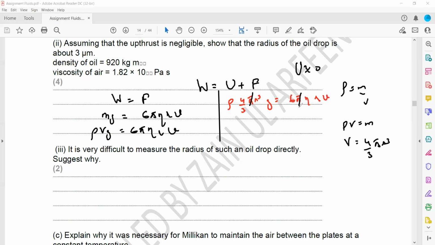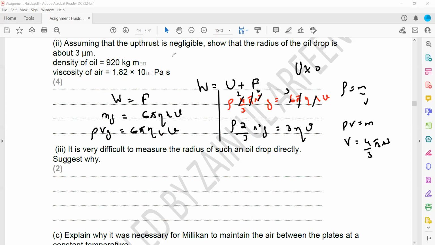Pi will cancel with pi, and r cubed with r leaves r squared, and 6 over 4 by 3 leaves 2 by 3. So we get density times 2 by 3 r squared g is equal to, this is 3, pi is canceled, viscosity, and then v.